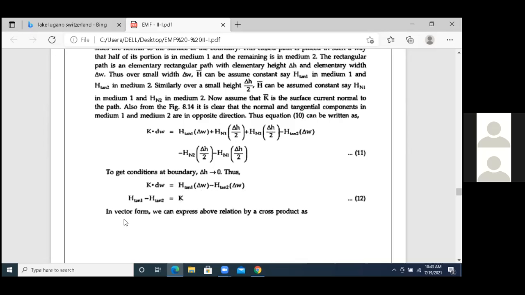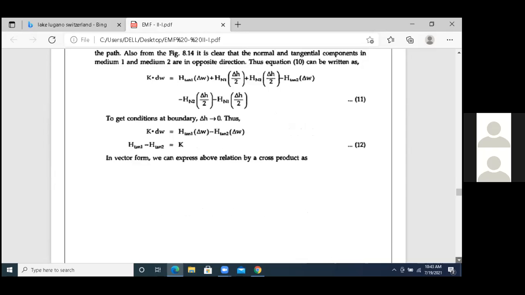So this statement is very, very profound. In vector form, we can express both relations by a cross product as this.